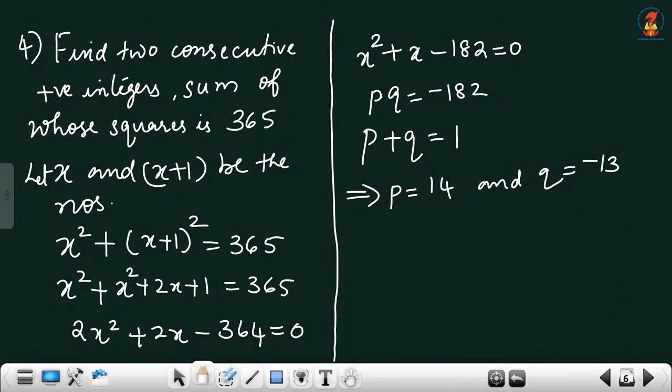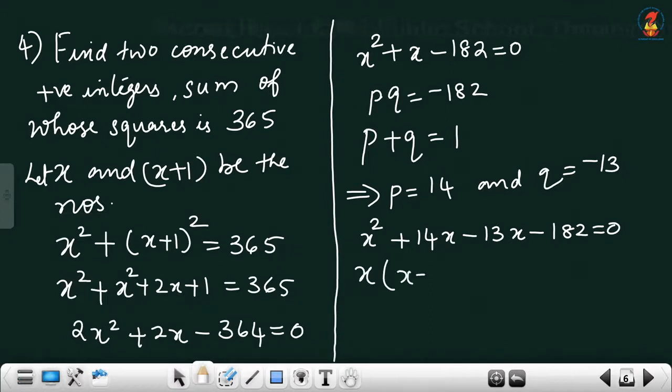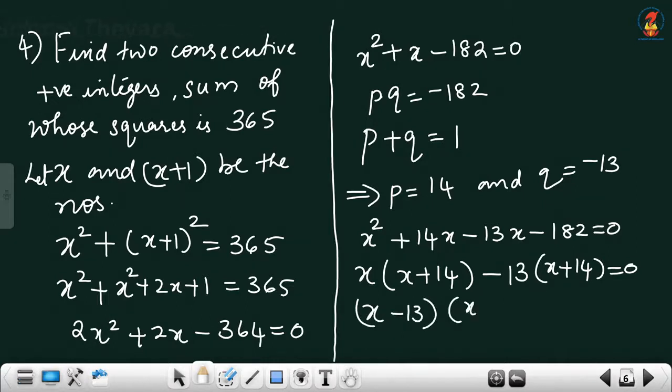So, it is x square plus 14x minus 13x minus 182 equal to 0. You can take out x from these two. So, x into x plus 14 minus 13 into x plus 14 equal to 0. So, the equation is x minus 13 into x plus 14 equal to 0.